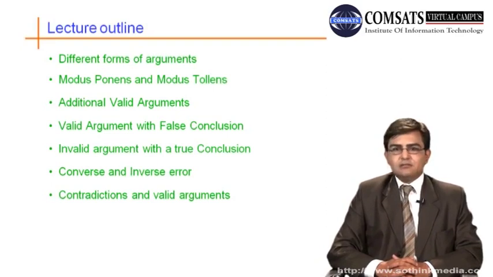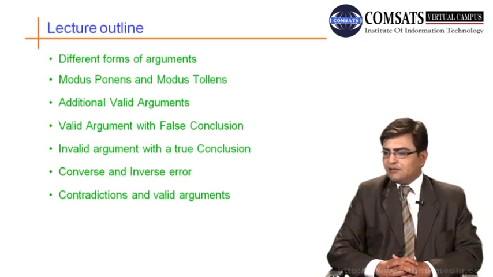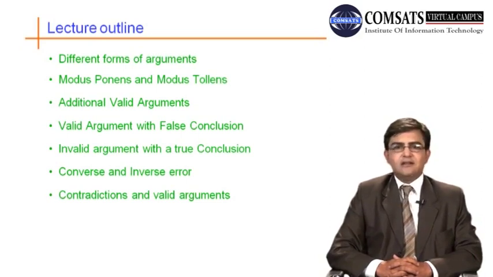We shall also see by examples valid arguments with false conclusion and invalid arguments with true conclusion. In the subsequent sections we will study converse and inverse error in arguments. At last we shall study contradictions and valid arguments.